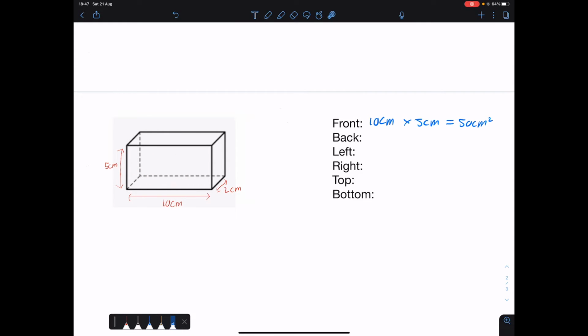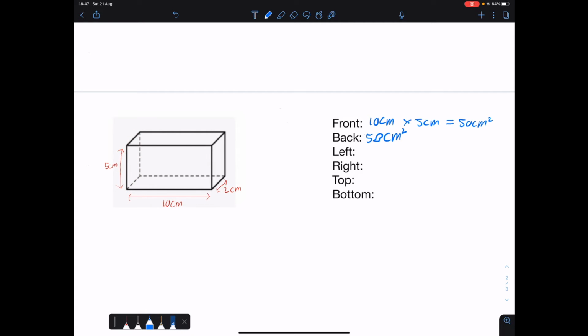We know that the rectangle found at the back of the cuboid is just going to have the same area as the rectangle found at the front of the cuboid. So this is again 50 centimeters squared. Okay, so let's address the area of the rectangle found at the left of the cuboid.